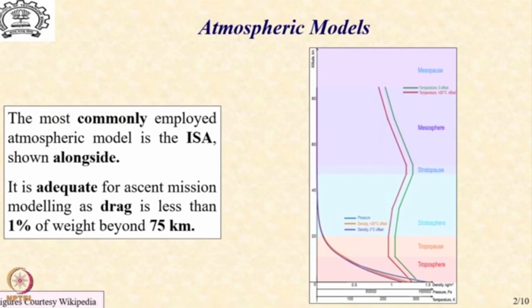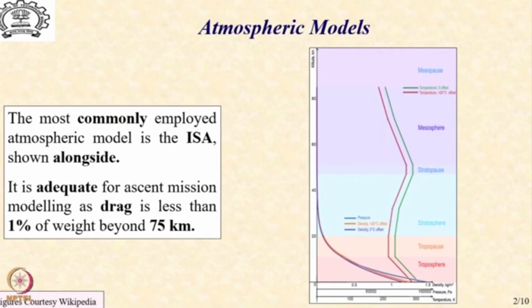But what we also realize is that the parameters which are going to impact the performance of a rocket while it is going through the atmosphere are going to be two primary parameters, that is pressure, which is going to impact the ISP or the thrust of the rocket, and the density, which is going to define the aerodynamic drag.